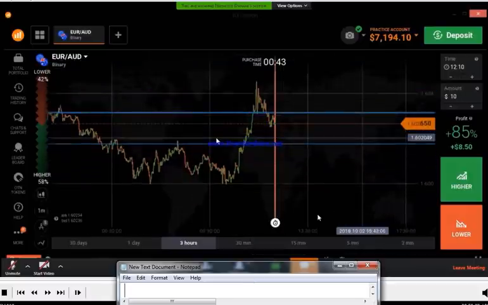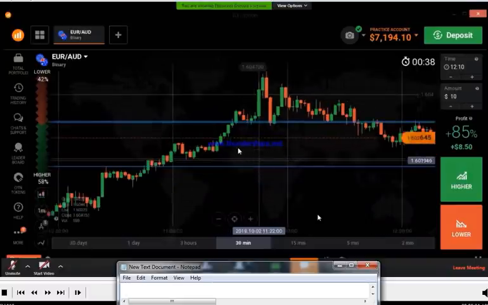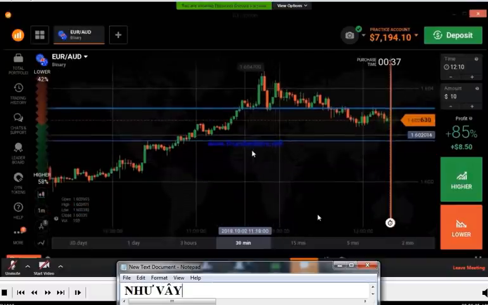Because of this strong bullish movement, even if there is a reversal candlestick, buyers are still active, right?